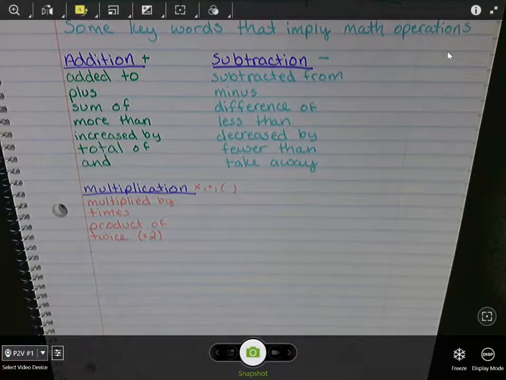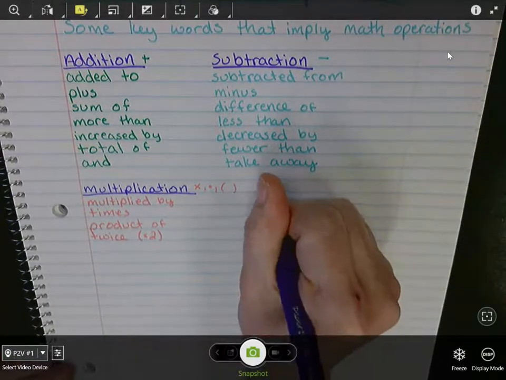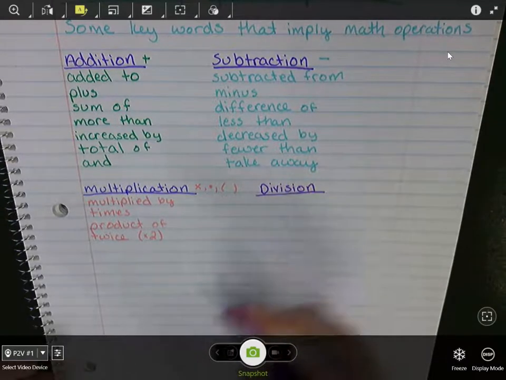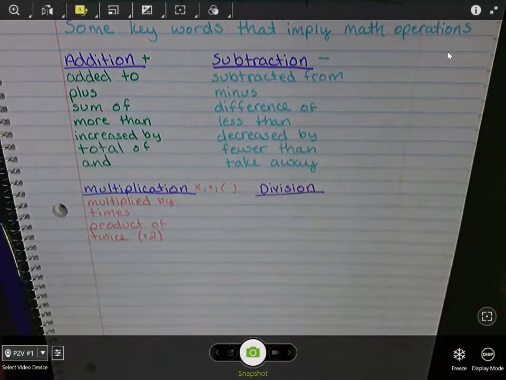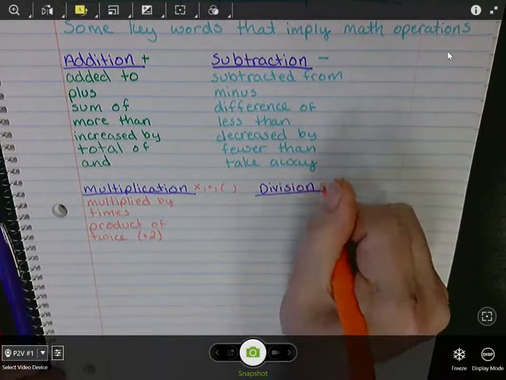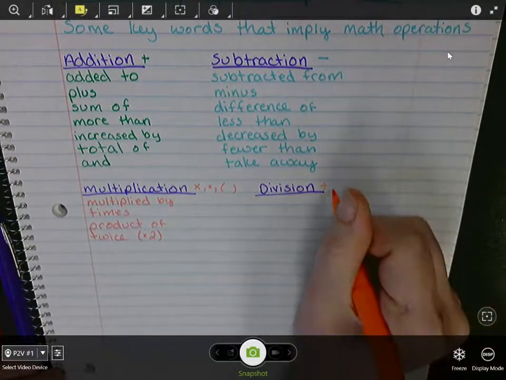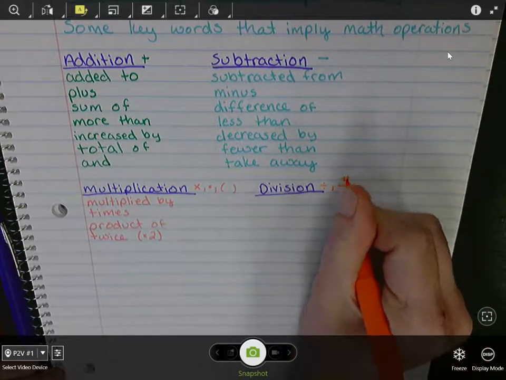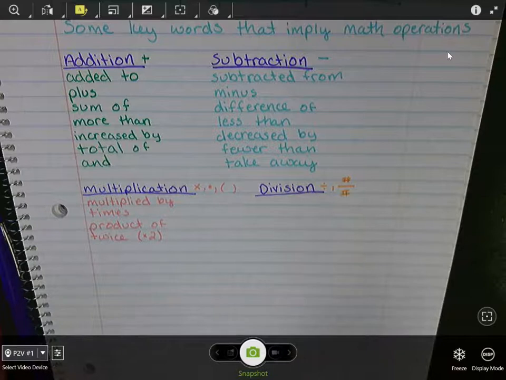And then the last one is division. Division can be represented by the division symbol, or it could also be with a fraction. You have a number over a number. That also means division. A fraction bar means division.